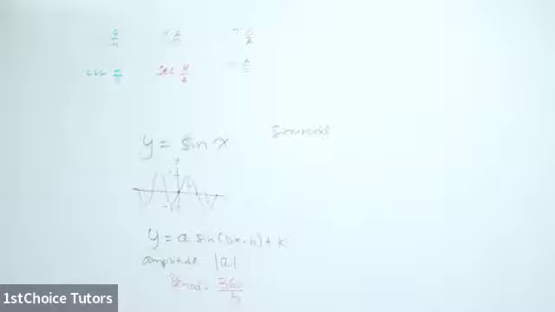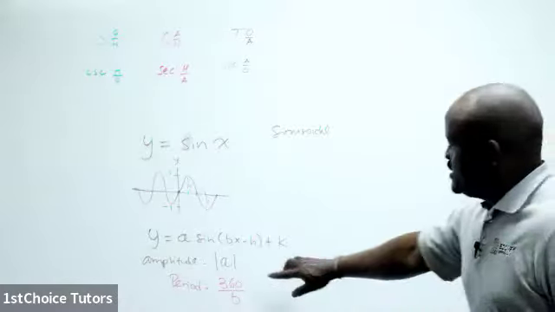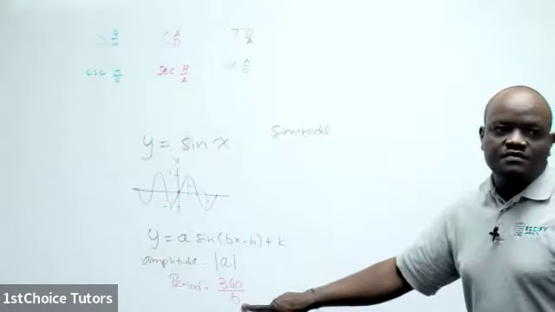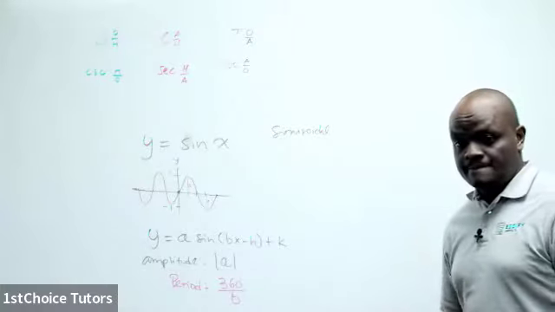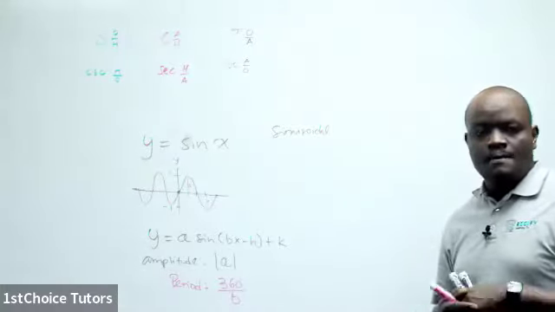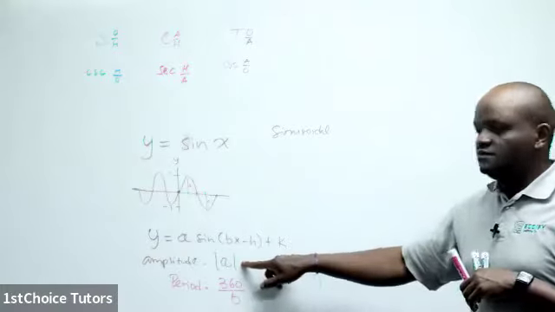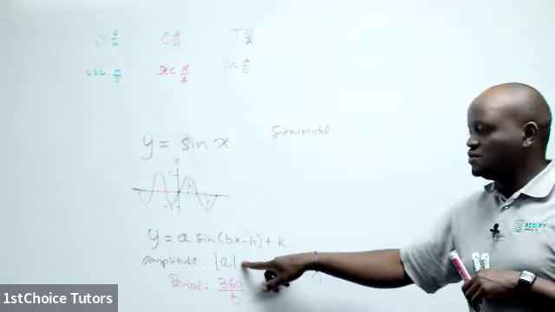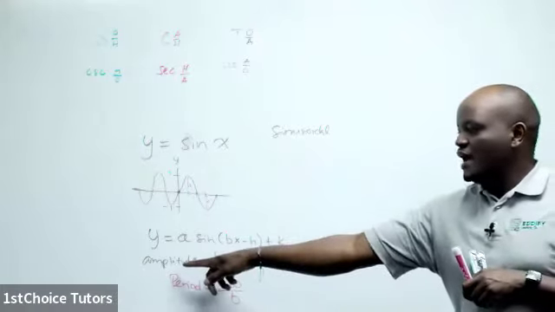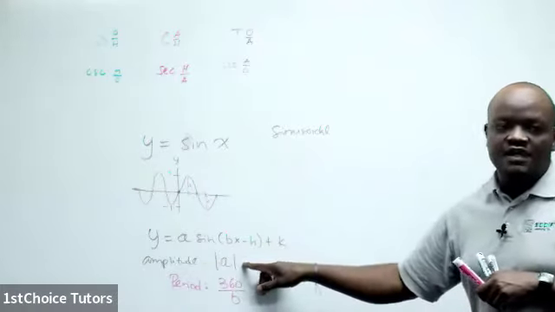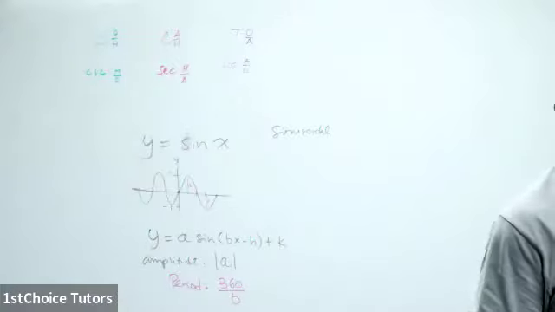How do you find the period of a sinusoidal graph? 360 divided by the b value. Next question. How do you find the amplitude of a sinusoidal function? Amplitude is simply taking the absolute value of a.